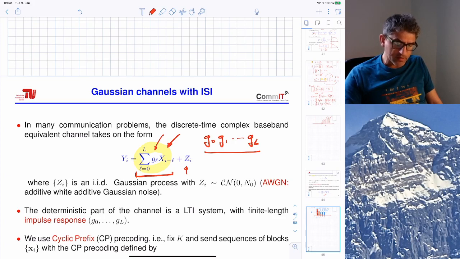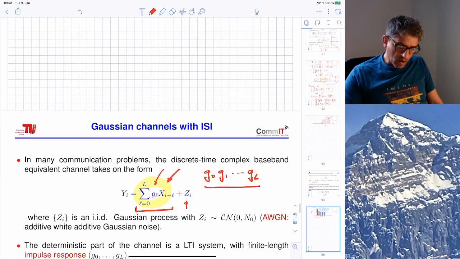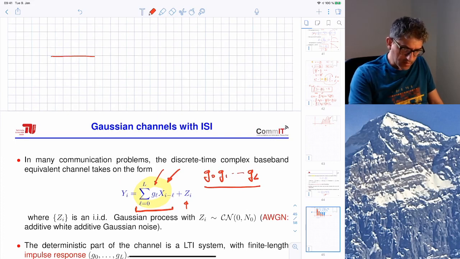ISI means intersymbol interference because, as you can see from this equation, when we receive sample i, y sub i, this is the contribution not only of x sub i, but of x sub i minus 1, x sub i minus 2, until x sub i minus L. So we have a whole window of symbols. Imagine that we have here the sequence of symbols sent.